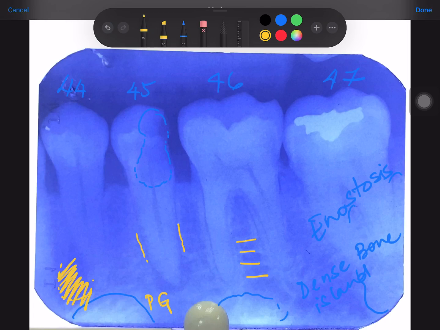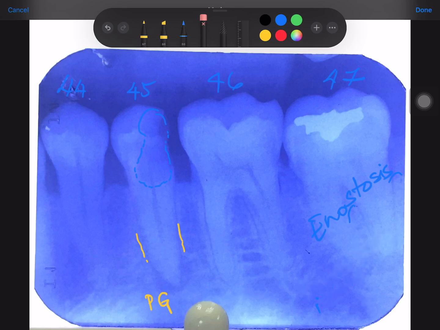Mandible, canine fossa? Okay, let's wipe out all of this and just focus on this radiolucency here. Tell me, what do you think it could be? Again, I'm giving you a clue.